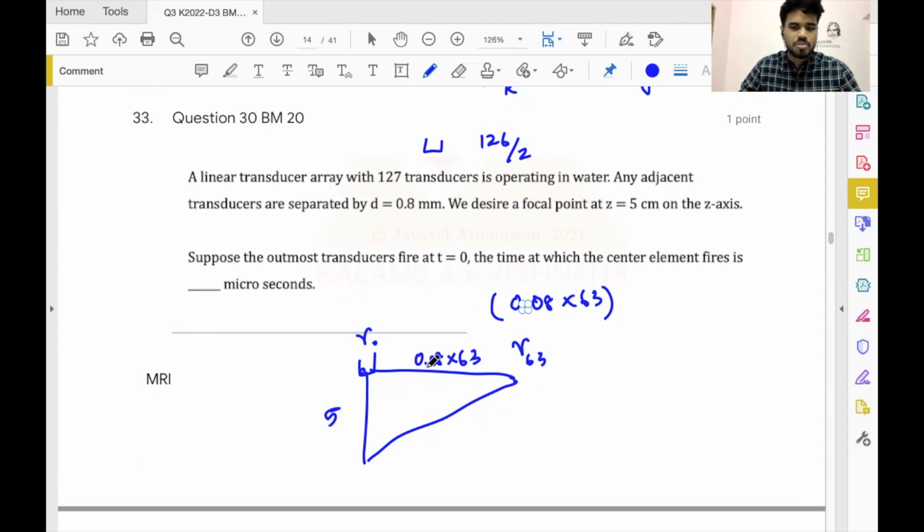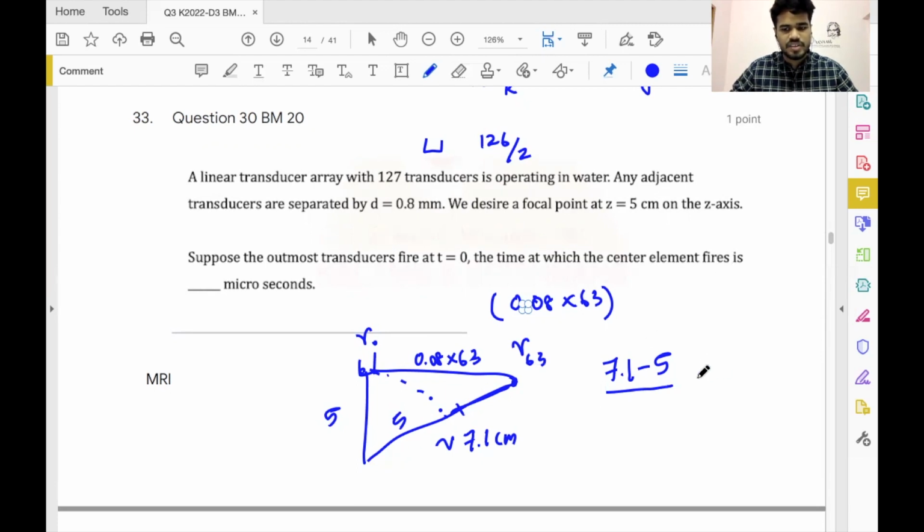So this distance we quickly know. I remember this to be 7.1 centimeters. So the additional distance you should travel is 7.1 minus 5, right? If we draw a circle here, this 5 centimeter is common to both. The extra distance traveled by the wave from this transducer is 7.1 minus 5.